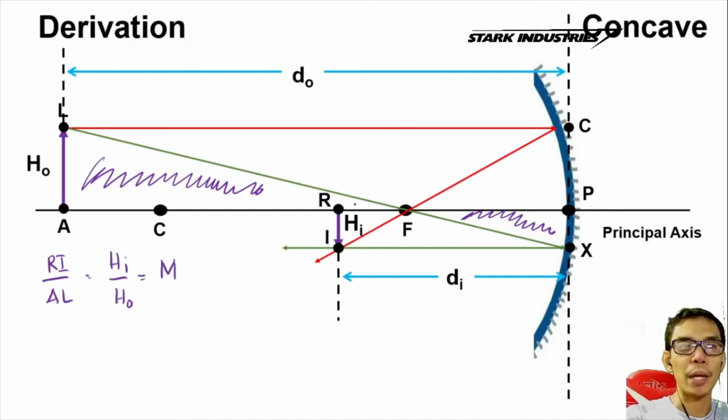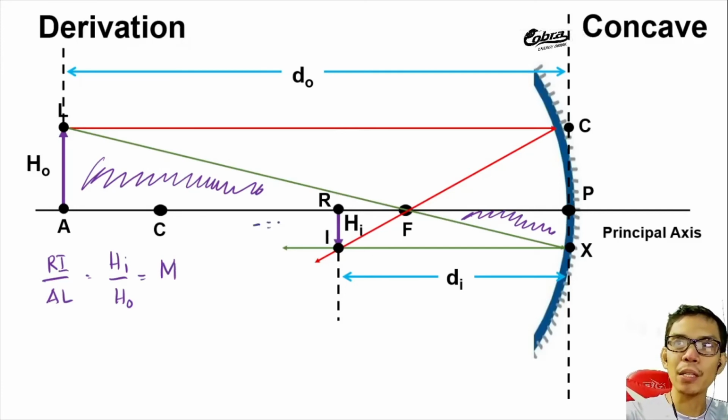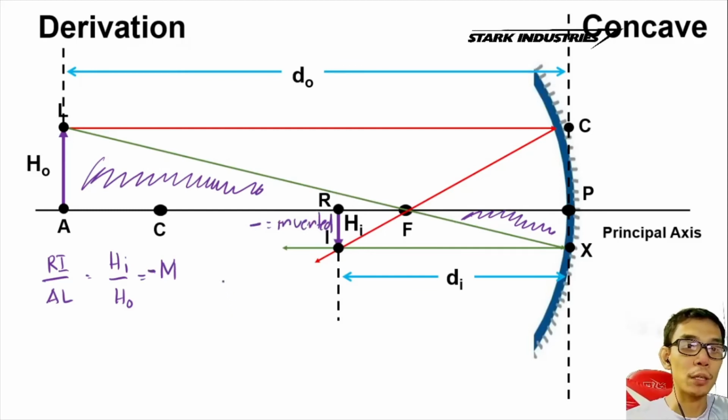In a Cartesian plane, the sign below the Cartesian plane is negative. So if it is inverted, negative means inverted. So we can say that the magnification of this image is negative.